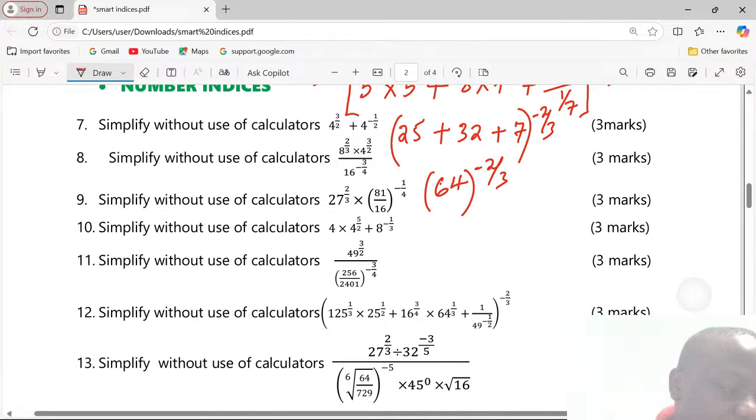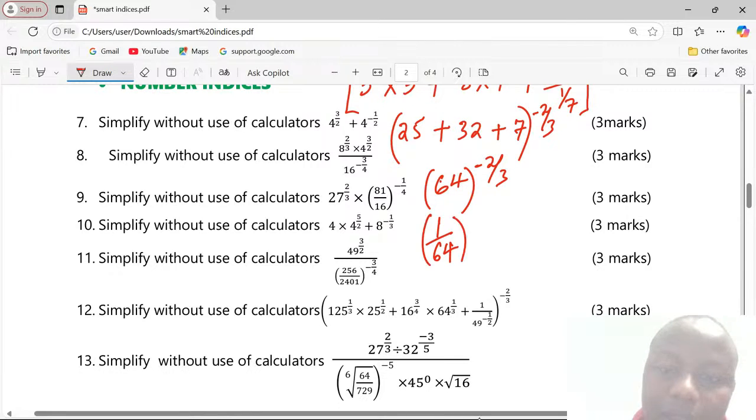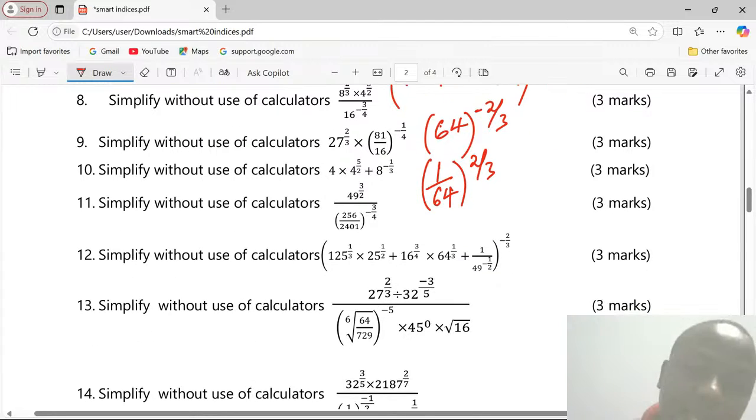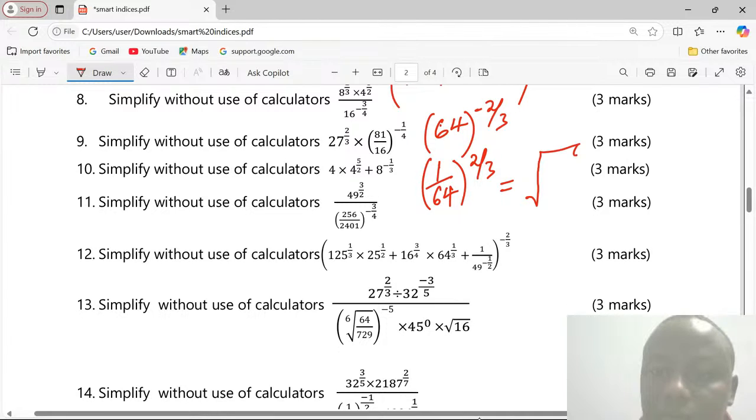So at this point now, we can talk about the negative law of indices, whereby we have to take the reciprocal, then the power now becomes positive. And from this point, we can apply the fractional law, whereby we need the third root of 1/64.